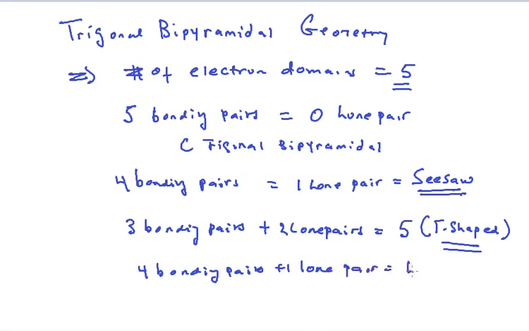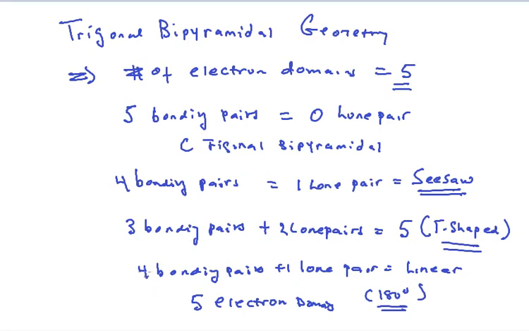That's called a linear shape. But don't get confused with the 180 degrees. It's not 180 degrees because you have 5 electron domains here.